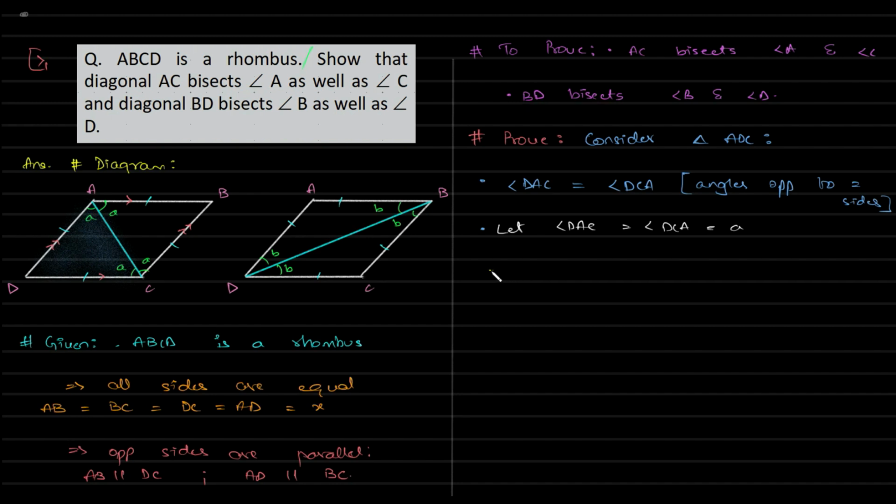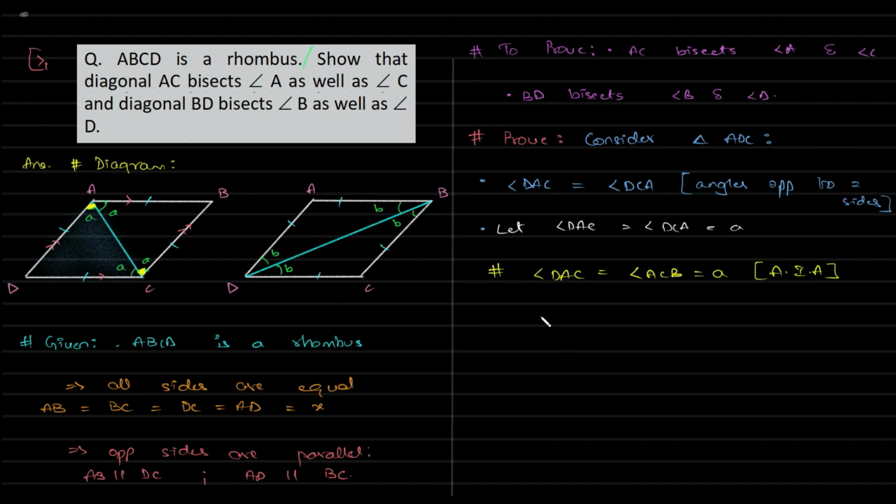Next thing is angle DAC is equal to angle ACB. So this particular angle and this particular angle. Why are they equal? Because they are equal to A, alternate interior angles.